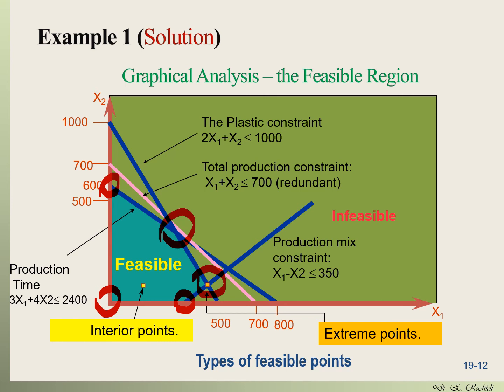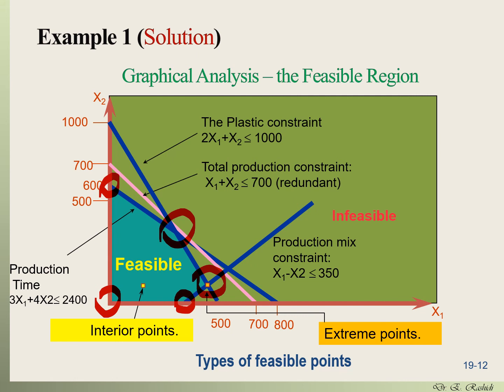These are called extreme points, and they are very important in linear programming because there is a very helpful theorem that states the optimal solution, if it exists, is on one of the extreme points. So do not look for your best alternative within the interior points, but look for it on the extreme points. One of these extreme points is going to be our optimal solution.